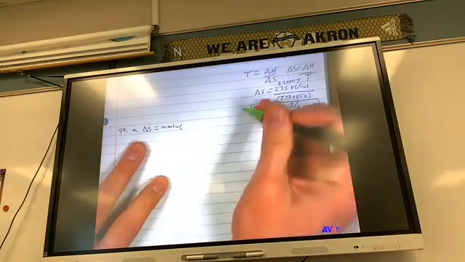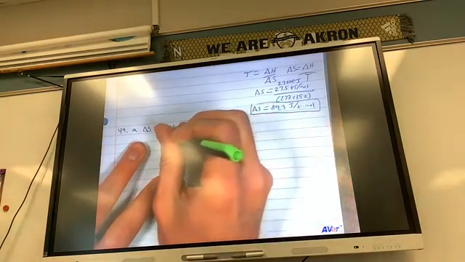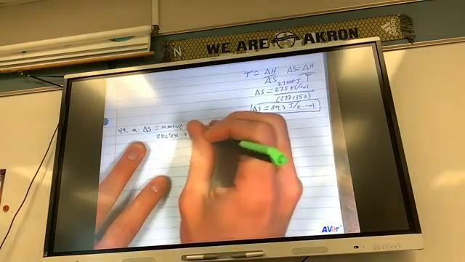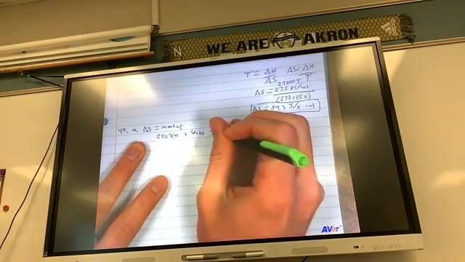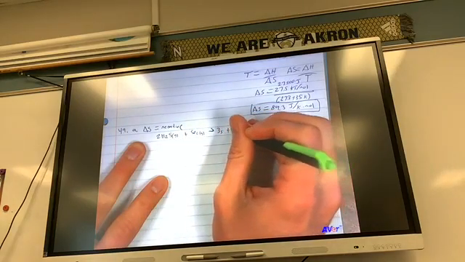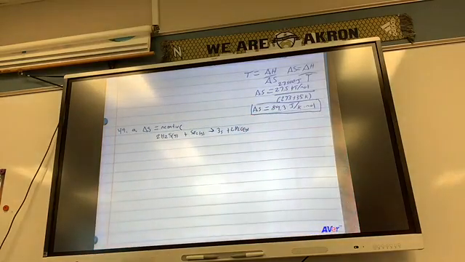Then the equation they gave me is 2H2S gas plus SO2 gas yields 3S rhombic plus 2H2O gas. Rhombic is, in types of solids, not in the AP Chem curriculum.